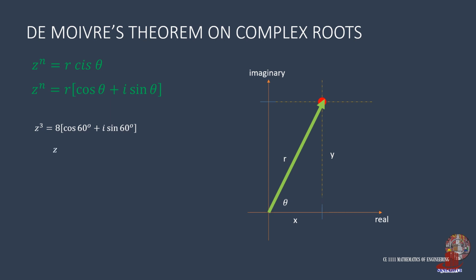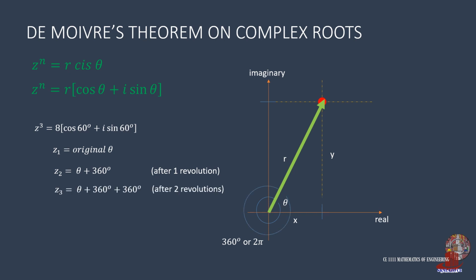The complex roots of z in this complex number are z1, which uses theta as 60 degrees. The second root z2 uses theta 60 degrees plus 1 revolution, which is equal to 360 degrees or 2 pi in radians. z3 is solved using theta plus 2 revolutions. That would be 720 degrees or 4 pi.